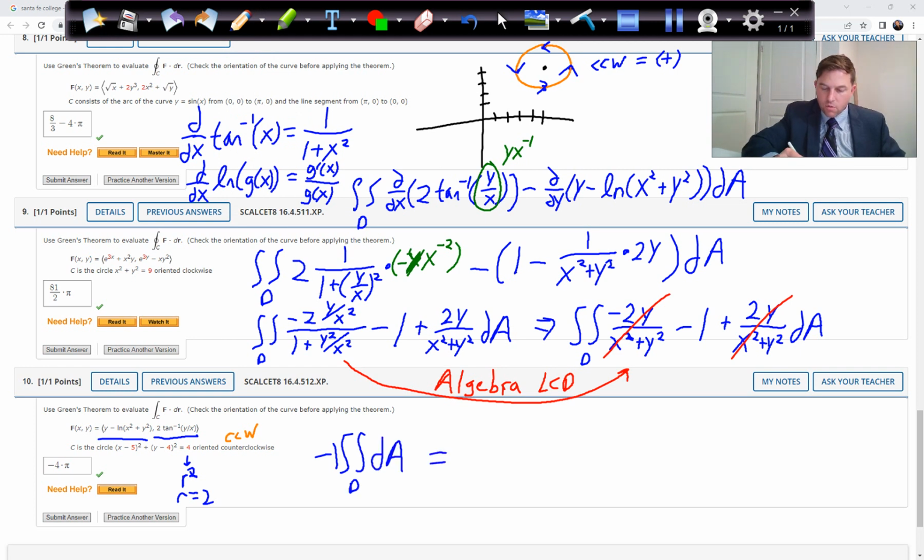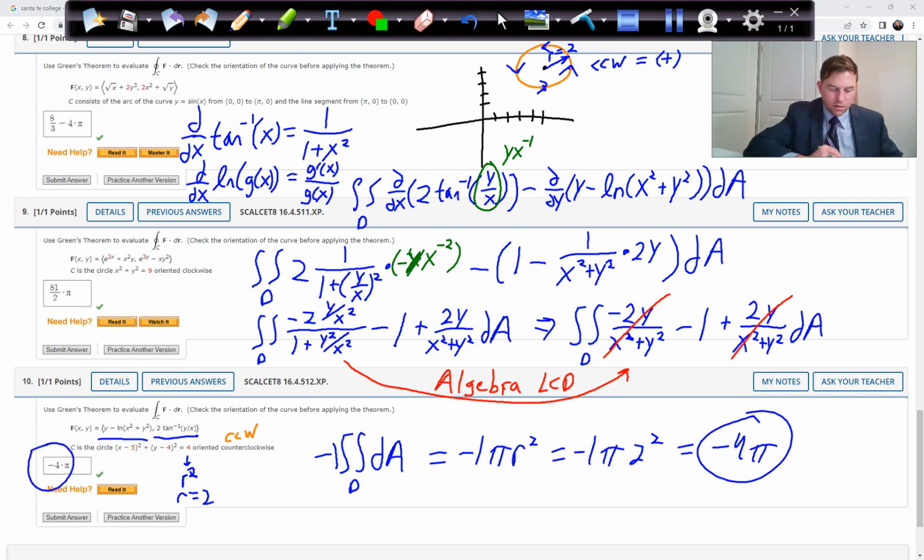But we know what the integral of dA is. It's just the area of this circle of radius 2. So it's just minus 1 times pi times radius squared, or minus 1 pi times 2 squared, or minus 4 pi. And that would conclude the last problem in chapter 16, section 4 on Green's theorem.